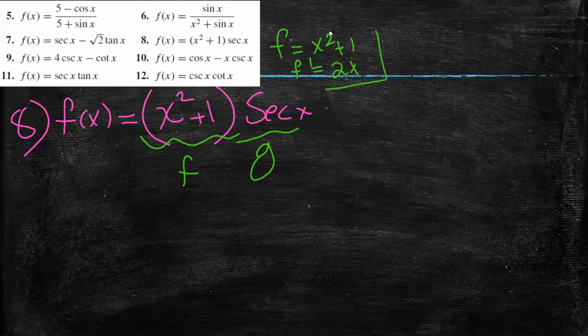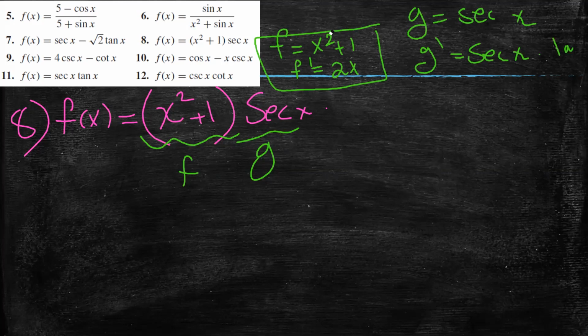Thank you. G is secant x. And g prime, secant tan. Secant tan. Thank you. Okay, then f prime will be f prime g.